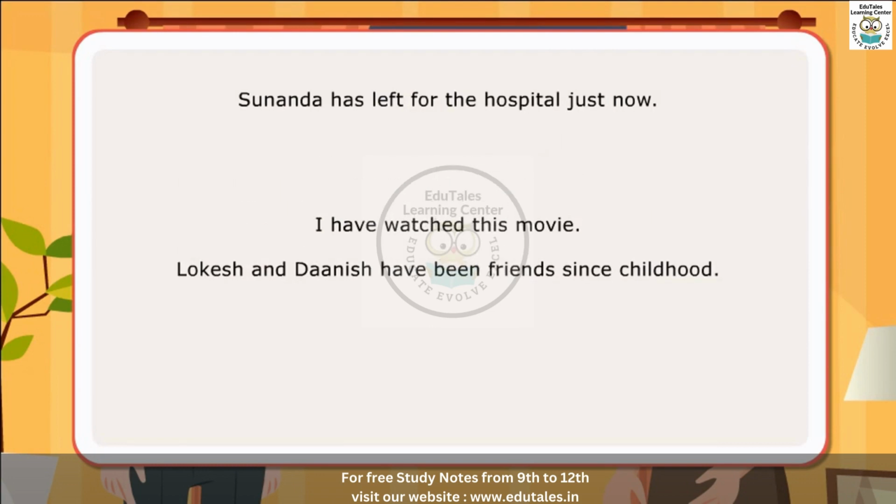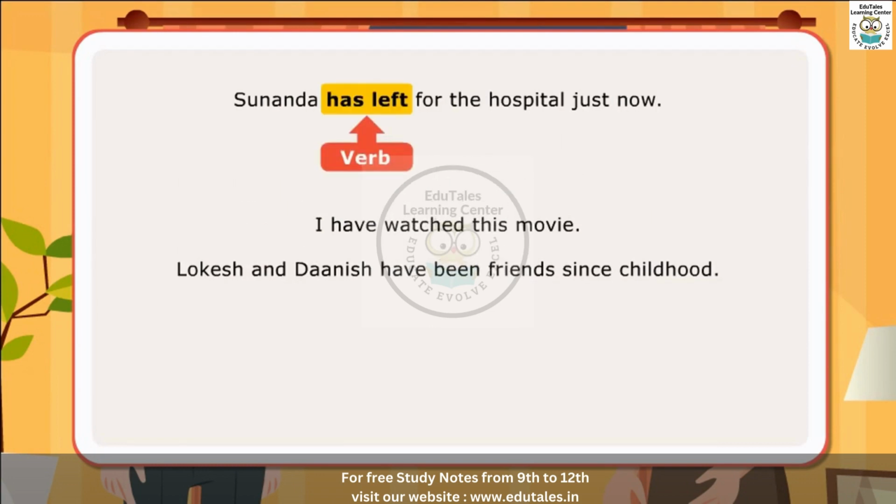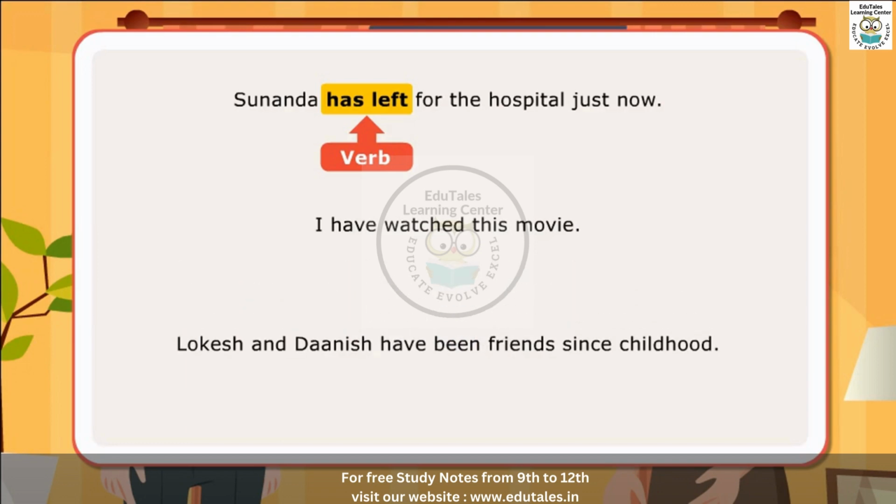In the first sentence, the verb has left tells us that the action has been completed just now and is present perfect tense. In the next sentence, the verb have watched is present perfect tense as it tells about a past action without specific time information.